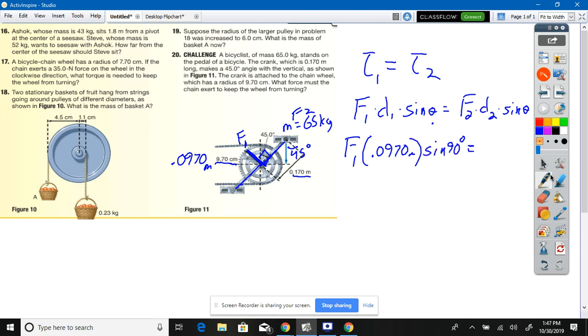Okay. But on the other side, we have force. How are we going to find the force? Mass times gravity. So on the other side, we have force 2, which is what? Gravity 65 kilograms times 9.8 meters per second squared. I'm sorry for the sloppy writing. Times this distance here, 0.170 meters times the sine of 45 degrees.